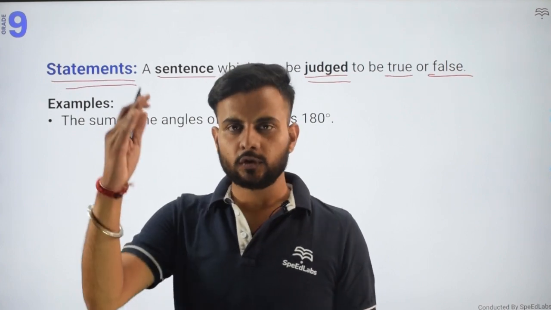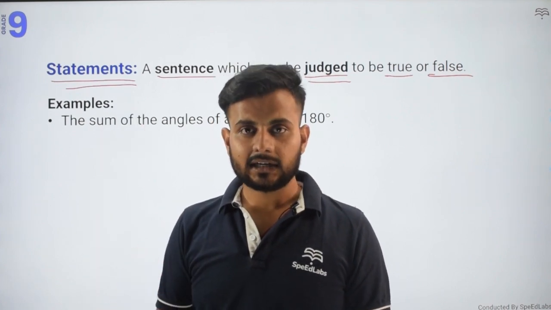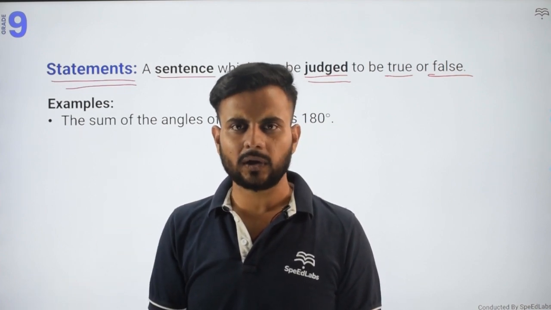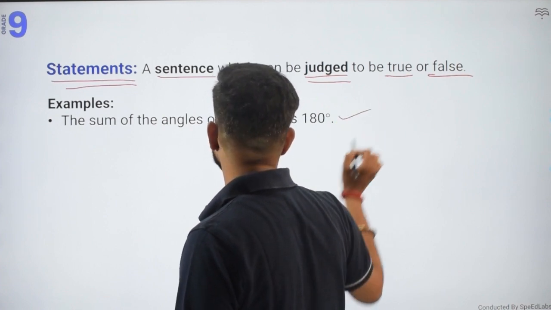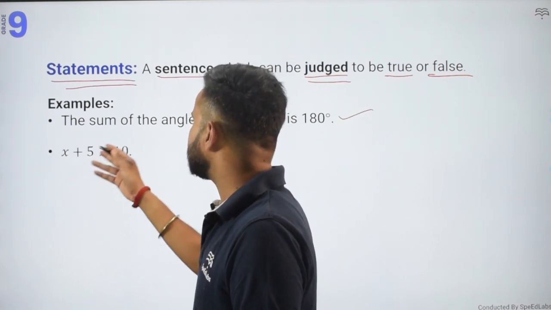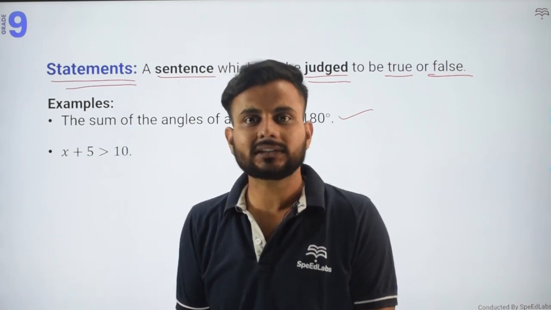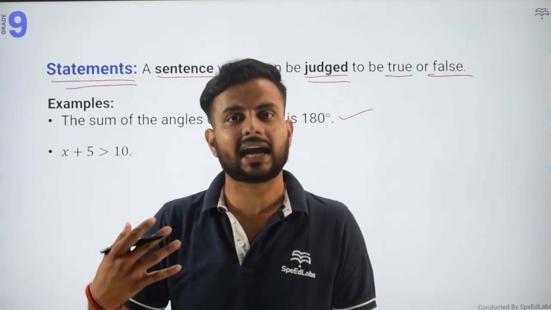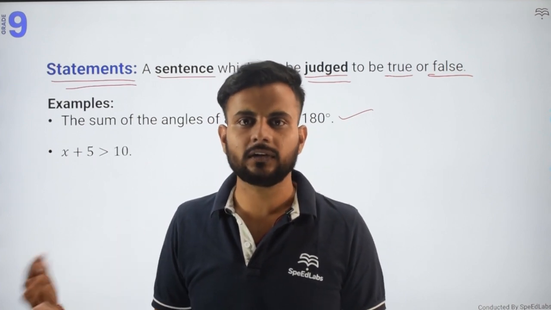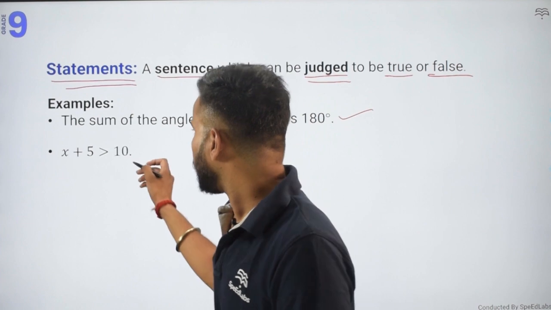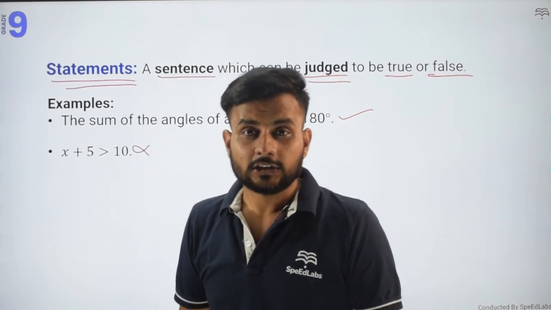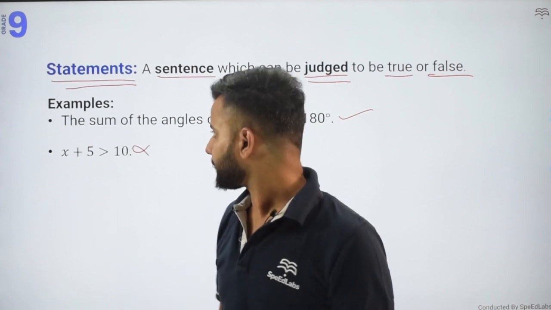If you add all the interior angles in a triangle, it equals 180 degrees. So we can say it is true. Similarly, if I'm saying x plus 5 is greater than 10, we cannot say anything about that statement because x can be anything. x can be -1, 1, 2, 3, 4, anything. So we cannot say whether it is true or false.